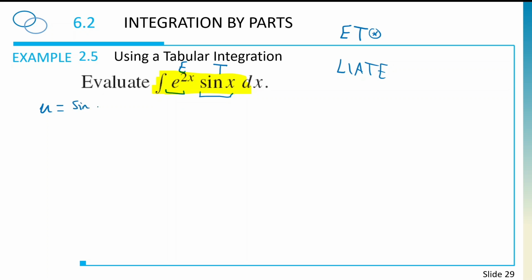Remember, this is the case that I told you, you can switch your assumption, it's okay, but I'd rather follow the LIATE. So dv equals the exponential function dx. Now, if I start finding the derivative, notice with sine and cosine, this is endless. It's not going to be cancelled out anywhere, okay? If I keep finding its derivative, it's non-stop, never ends.